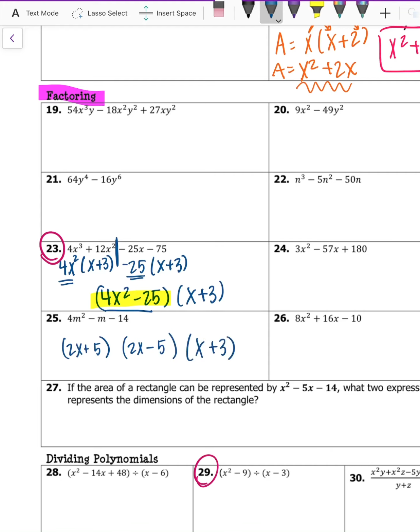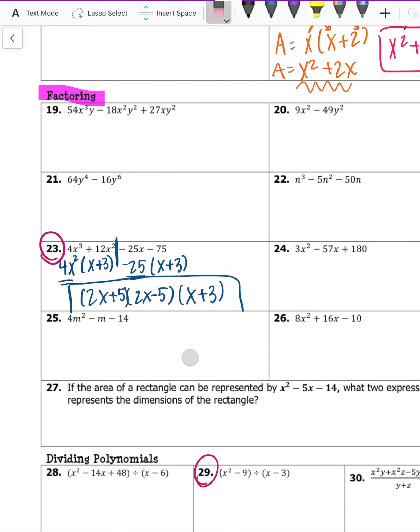And then, of course, we have that x plus 3 with it. Okay? So, to clean up my problem, I'm going to get rid of this 4x squared minus 25 and change that to 2x plus 5 and 2x minus 5. And I'm done. Okay? All right.